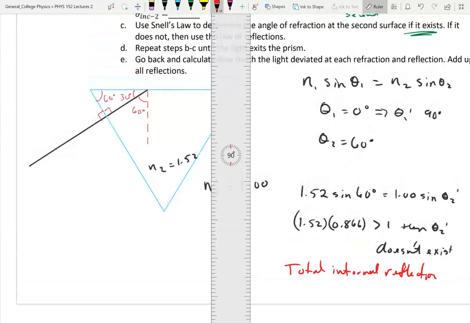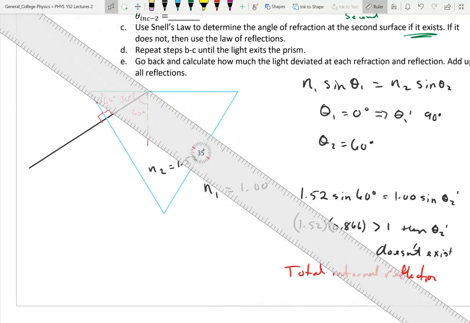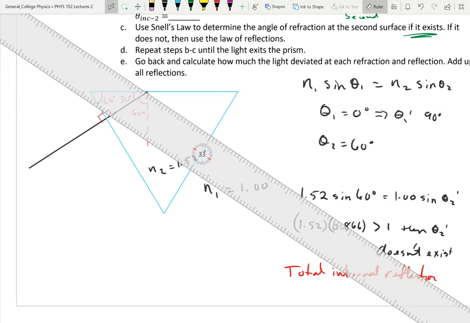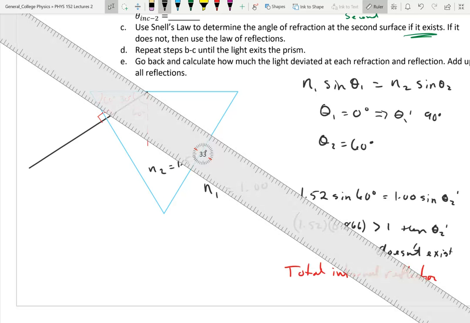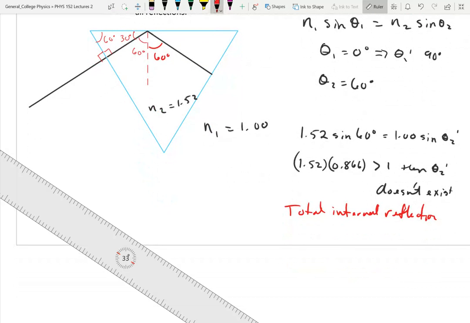So if I have total internal reflection, then that means the light is going to reflect with that same angle, like this. And so I have 60 degrees there as well, because of the law of reflection: theta 2 double prime, I'll call it, is equal to theta 2. There's our law of reflection, where we're measuring the angle from the surface normal.